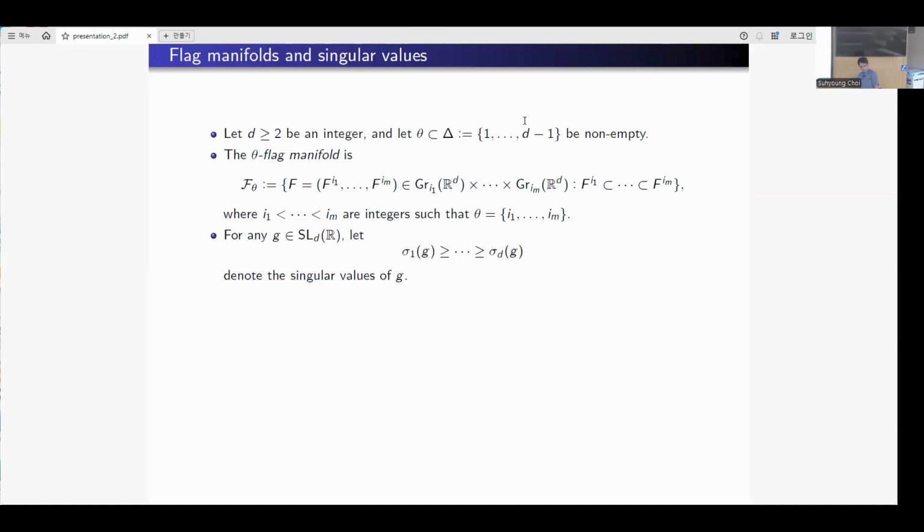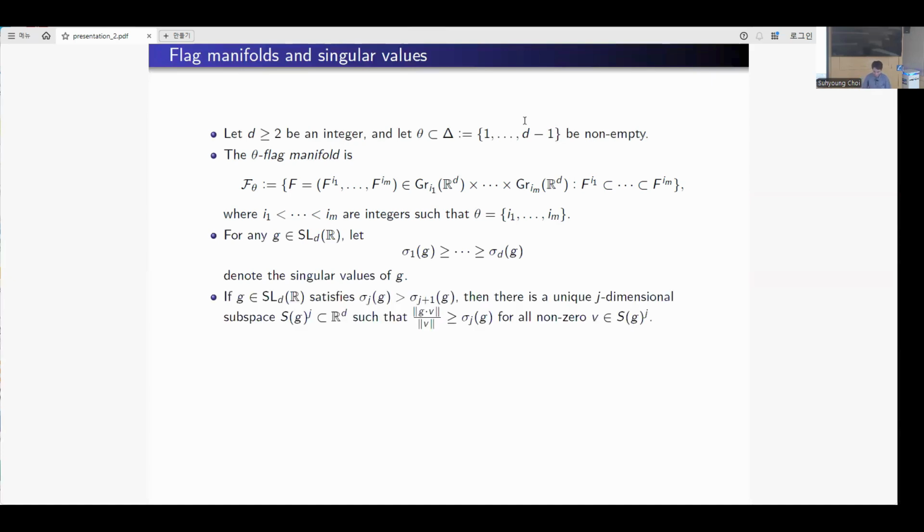Okay, and then for any element g in SL(d, R), the special linear group, I'm going to let sigma_1(g) to sigma_d(g) denote the singular values of g. So you guys know what singular values are? Yes, okay.